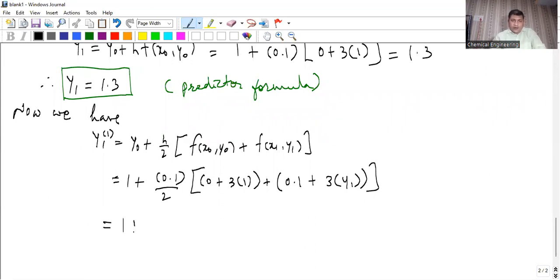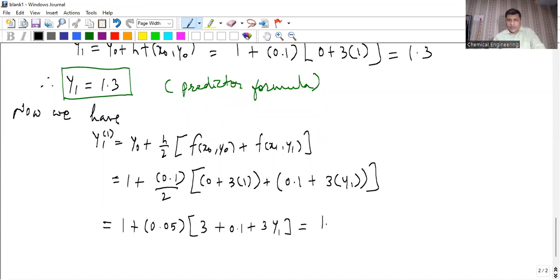So what we'll be having here, 1 plus this is going to be 0.05. Now what we'll be having, this is going to be 3, plus this is going to be 0.1 plus we have 3 times y1.